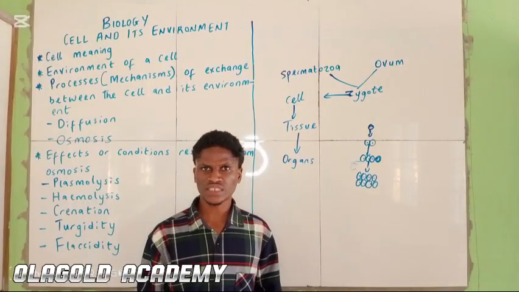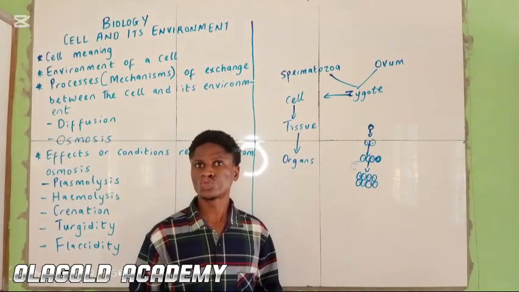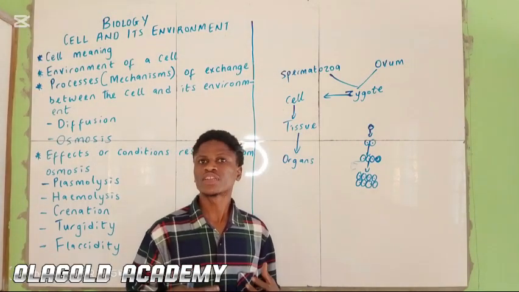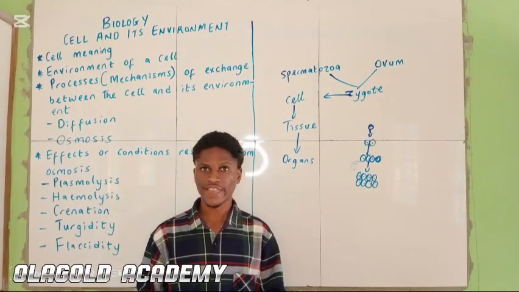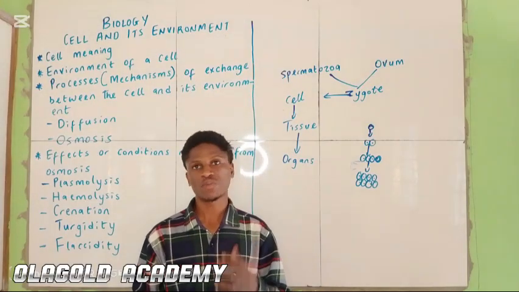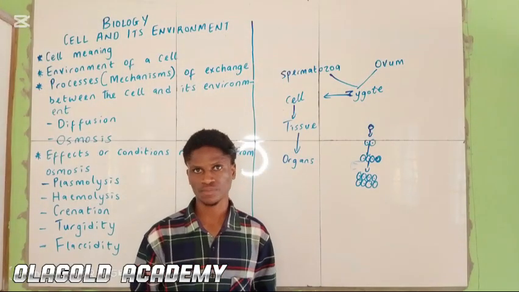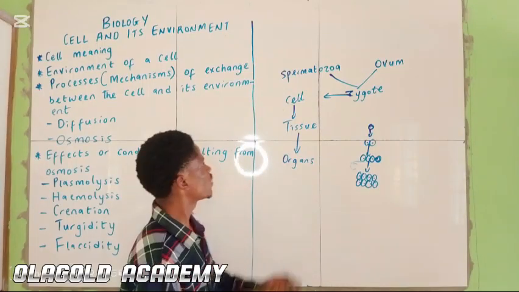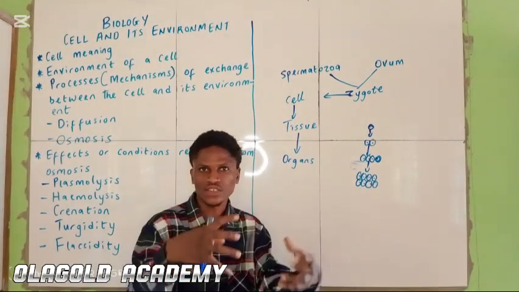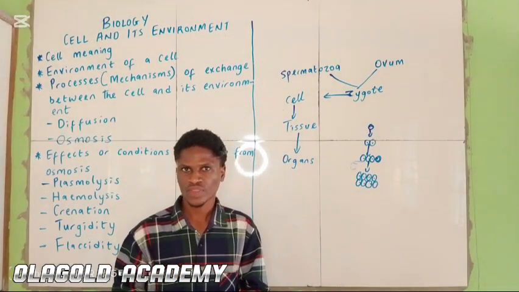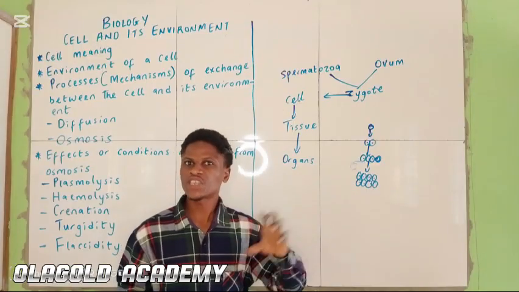From the large intestine, it is sent to the rectum. From the rectum, it's sent to the anus, where it is transported outside of the body. So we have different organs combining to form a system. Now, I've explained the digestive system.